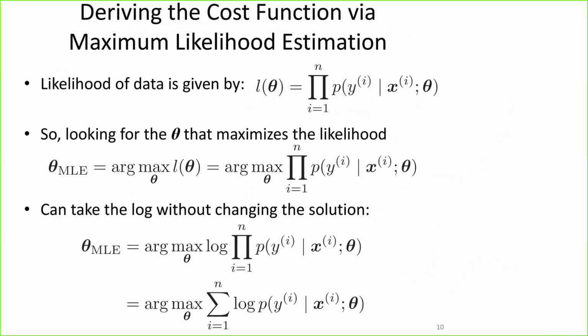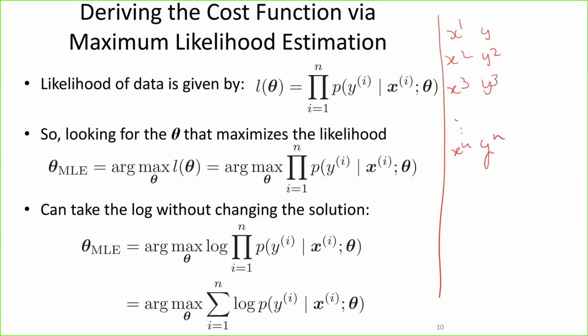Okay. So here we want to maximize the likelihood of the data. It means we want to learn theta that maximizes the likelihood of the data. Please keep that in mind. The data given to us looks something like this: x1, y1, x2, y2, x3, y3, and so on, xn, yn.